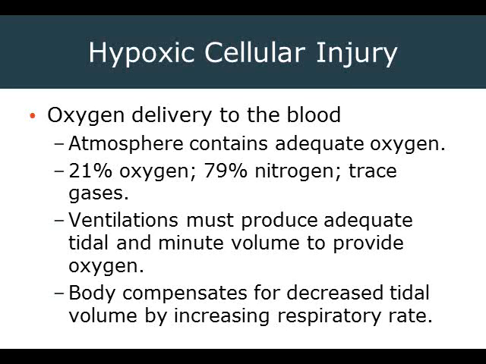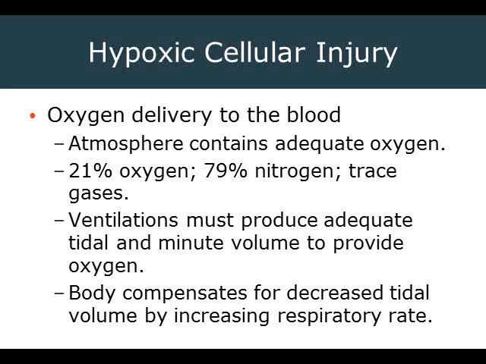So if our body needs 6 liters of air in a minute's time in order to do its job, how does it get there? Well, we could have a respiratory rate of 10 and a tidal volume of 600. 10 times 600 is 6,000 or 6 liters.